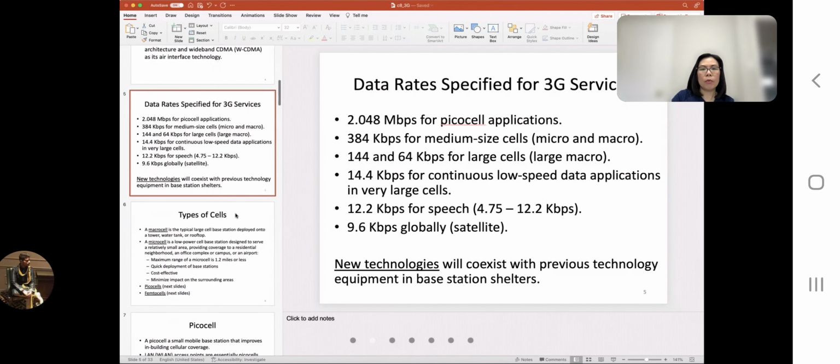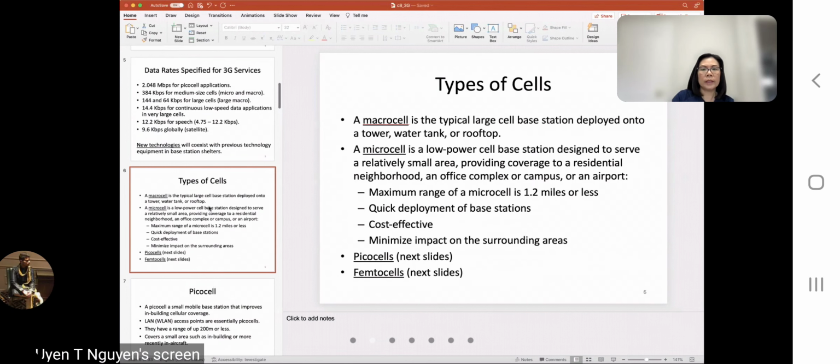So let's go very quickly over the different types of cells. Macrocells are the largest type of cell base station. If you drive on the highway and you see those cell towers, they are macrocells. Okay, they are deployed on a tower, on a water tank, on a rooftop. So basically, they are the largest type of cell base stations.